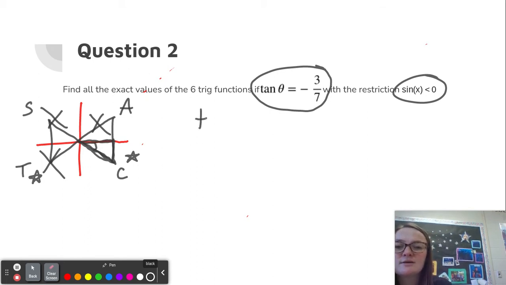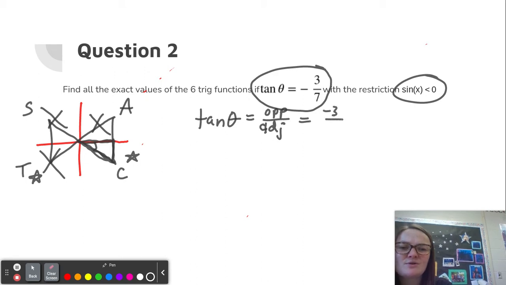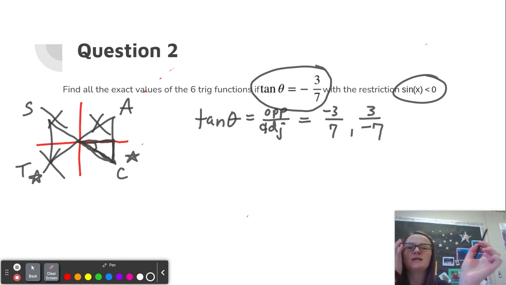All right, so let's go ahead and label it. I know that tangent of theta is equal to opposite over adjacent. So we just need to figure out, is it negative 3/7 or is it 3/-7? And our triangle is actually going to answer this.